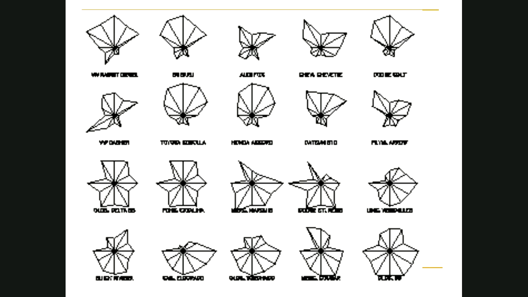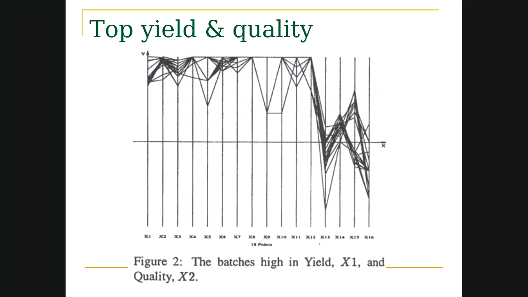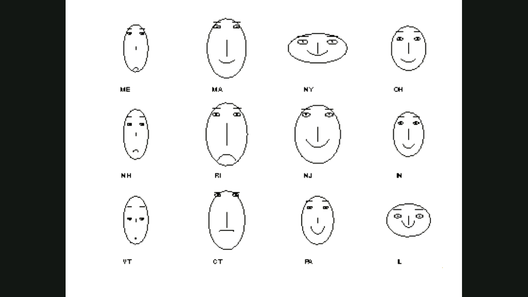If I look at a PCP, I cannot see individual objects. And if I look at Chernoff faces, again, all the features about New York are in the same place. So it's like the axes, the attributes are not as clear as the objects.